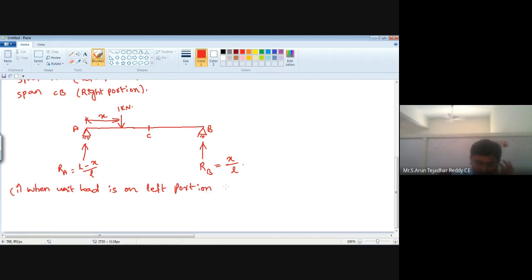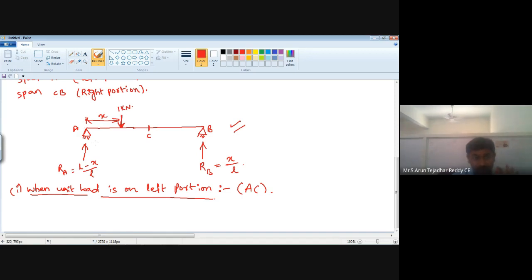When the unit load is on the left portion, that is left portion means A to C. So this diagram is satisfied because on the left portion I will be applying the unit load. So in between A to C, or else at a distance of x, I applied a unit load.